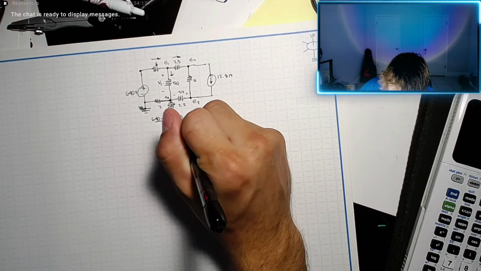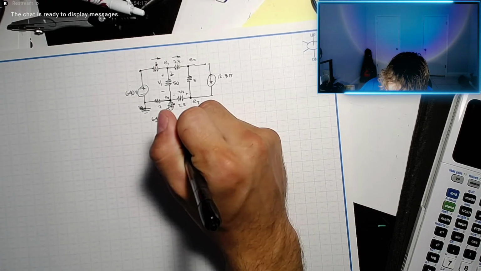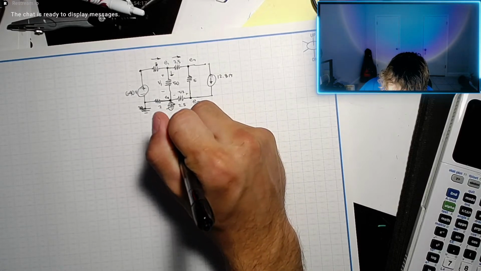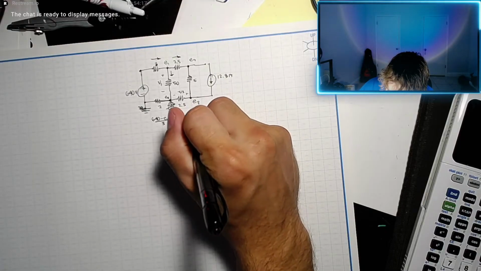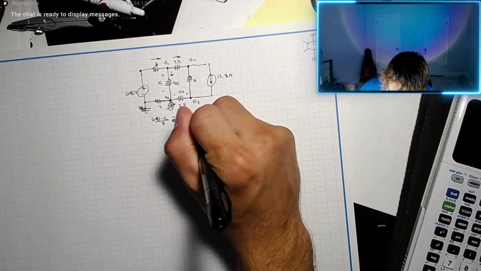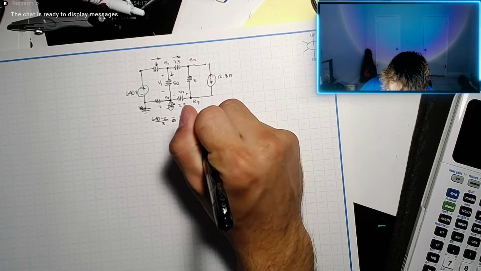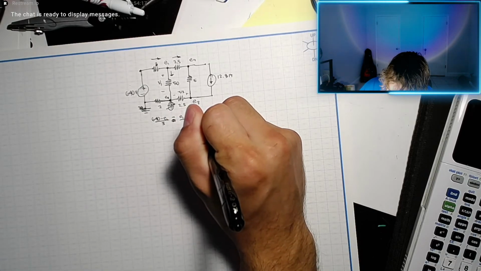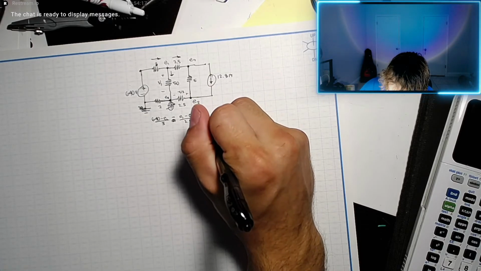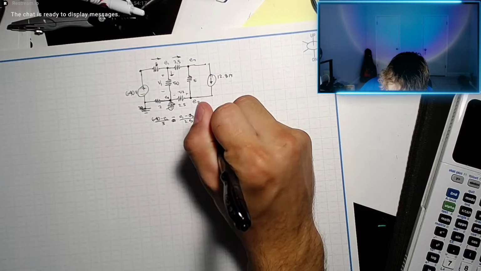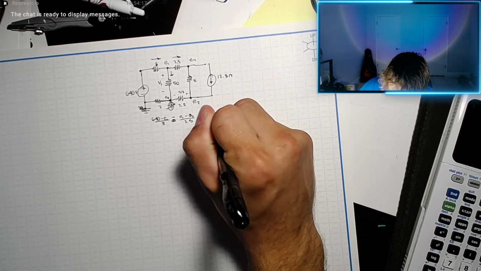E1 minus E1 minus E2 divided by 2.5, plus minus E1 minus E4 divided by 50.